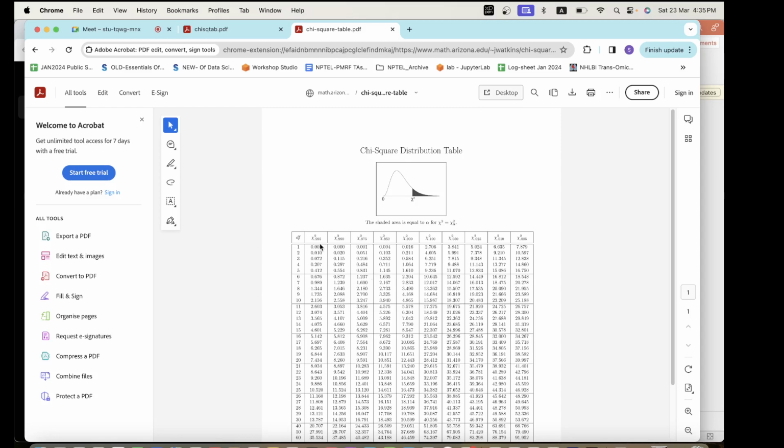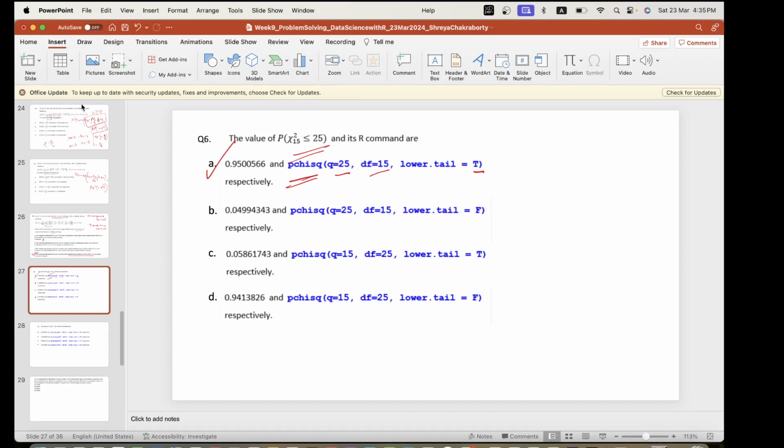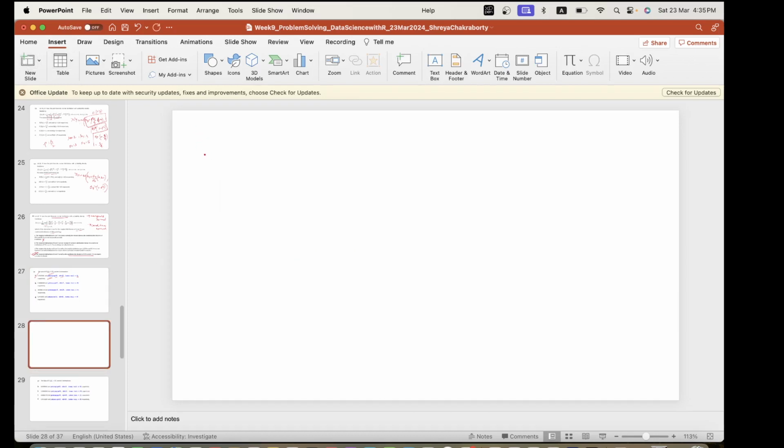So if I have to draw a parity over here, let's say I want probability chi-square 15 greater than what value is equal to 0.95.